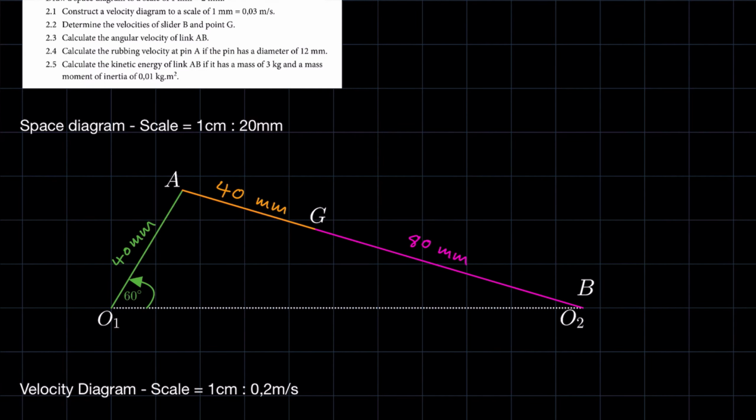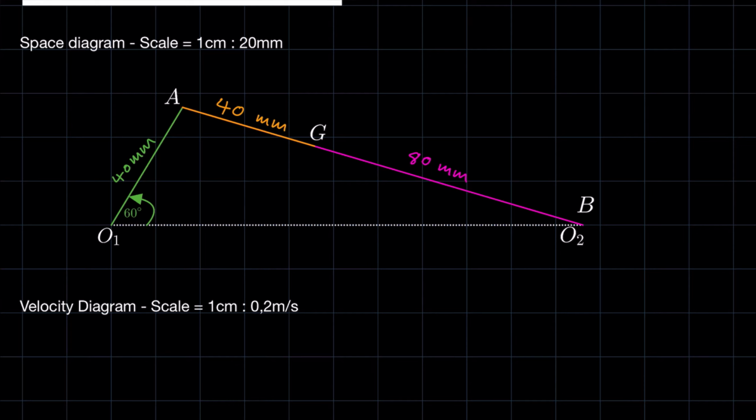On the mechanism itself, it wasn't labeled, but we took note of the fact that a slider moves relative to this fixed frame, hence we named that frame as O2. So again, the first point on the velocity diagram will be one that represents any and all fixed points on the space diagram.